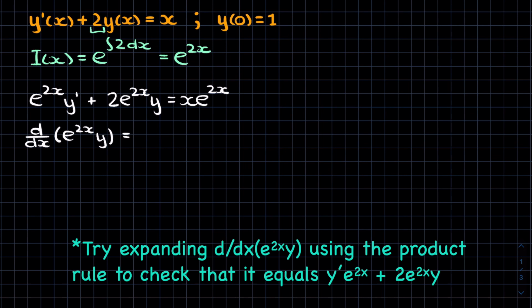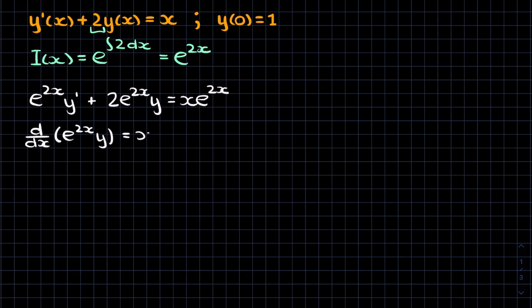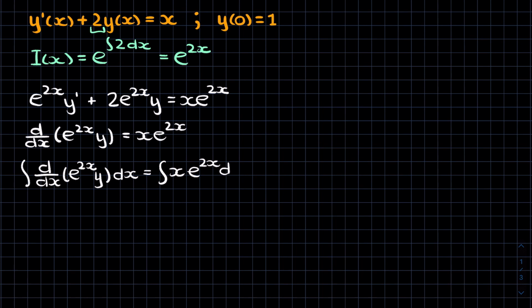And this will just equal our right hand side, x e to the 2x. We can take the integral of both sides. So if we say the integral of d dx e to the 2x y dx equals the integral of x e to the 2x dx.